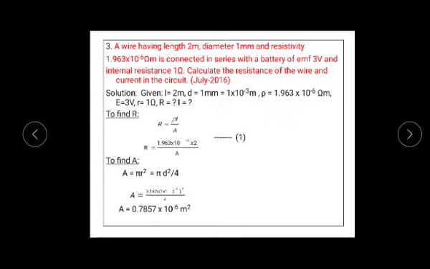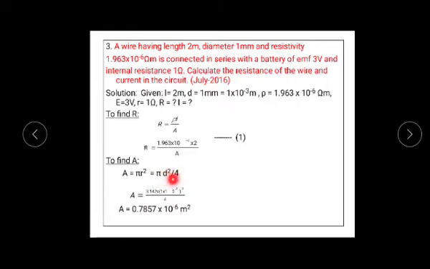Now let us find area A. Since it is a wire having some diameter, so area of the wire is calculated using the formula A is equal to pi r square. r is radius. So here diameter is given. You can write for radius, or directly you take relation between radius and diameter as d by 2.